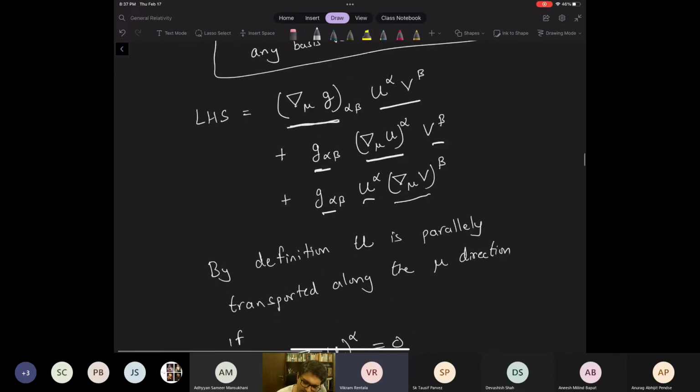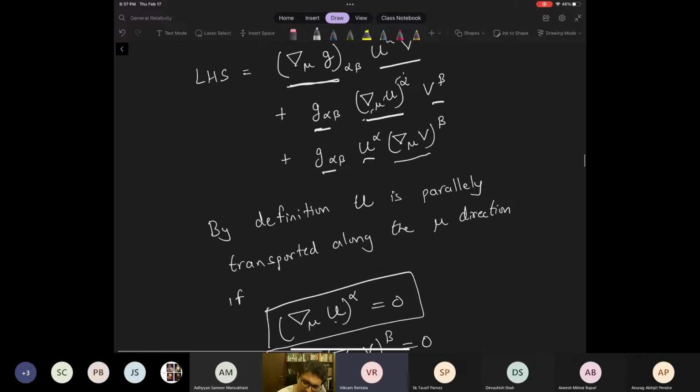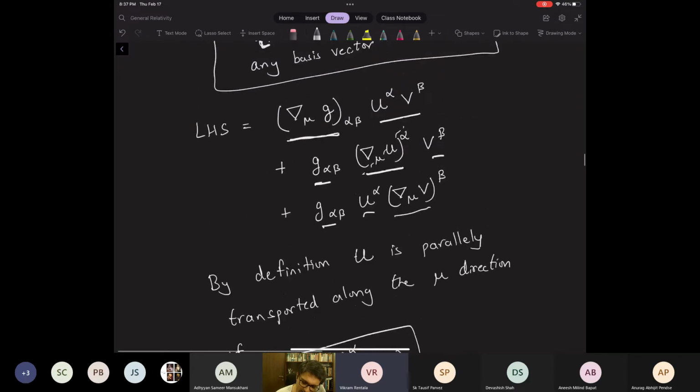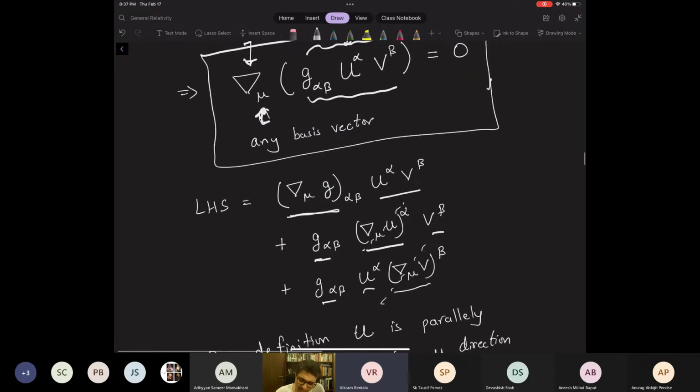By definition, we've said that u is parallelly transported along the mu direction, which means that u must satisfy this property: the transport of u is 0. So therefore this term vanishes. And similarly, v is also parallelly transported, so this term vanishes. So what we're really saying is that the derivative of g along any arbitrary direction is 0.